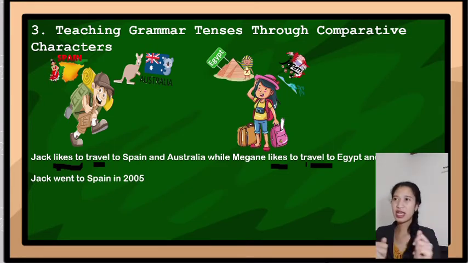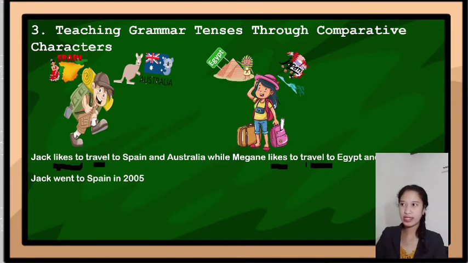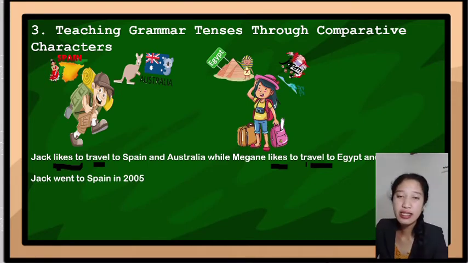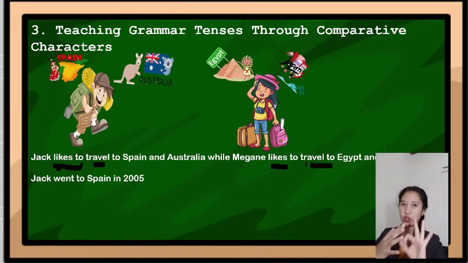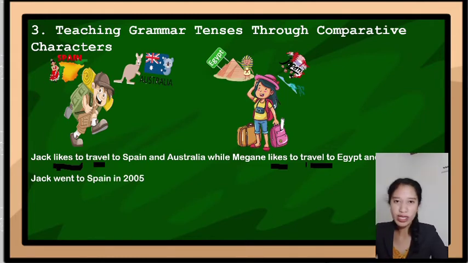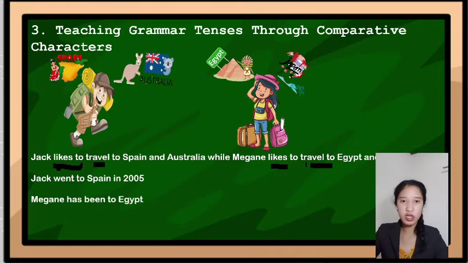Now, let's test your knowledge about tenses. In this sentence, Jack went to Spain in 2005. Is it past, present, or future? Jack went. So he already went to Spain in 2005. So it is past tense. On the second one, Megan has been to Egypt.